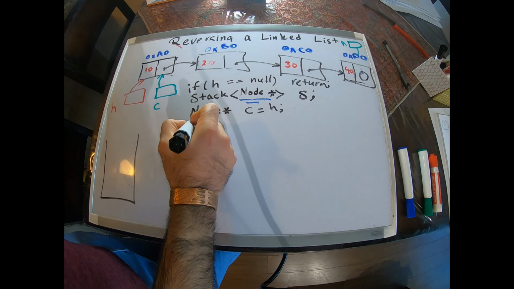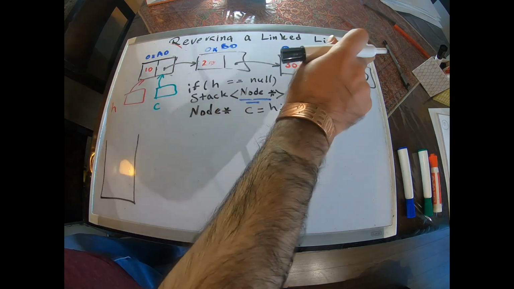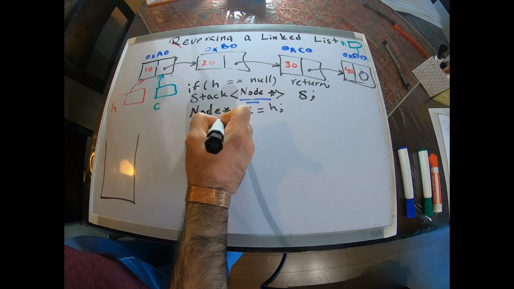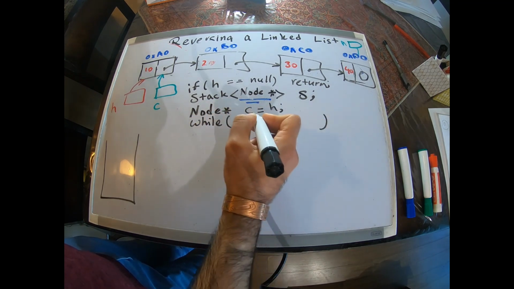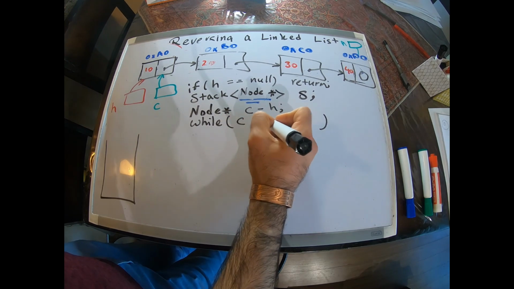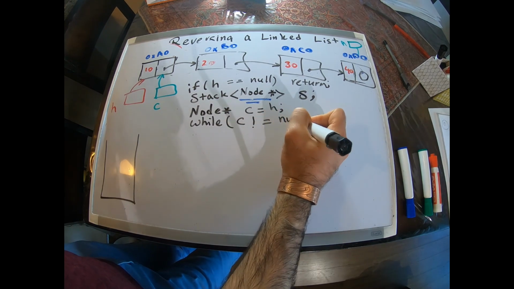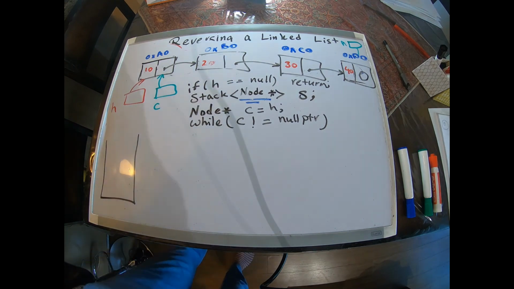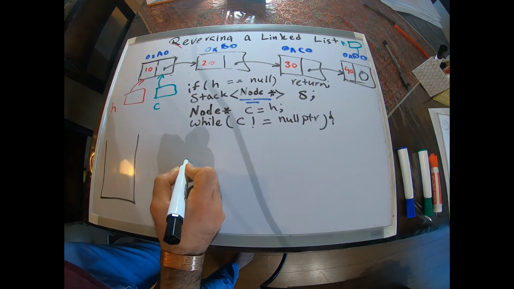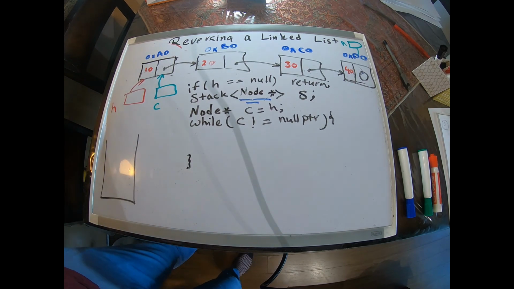So we'll say that we want to traverse through this linked list. Again, I'm going to write a while loop, and I'm going to say while C is not equal to null, or null pointer, traverse through the linked list.